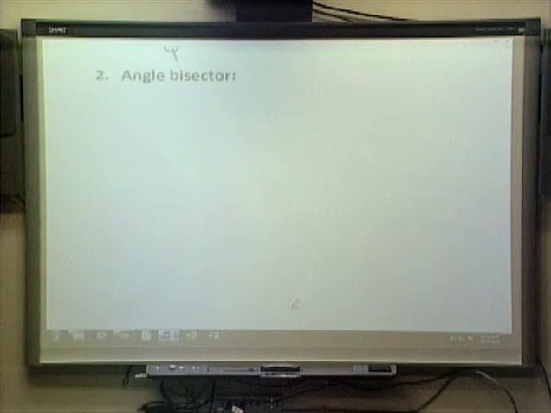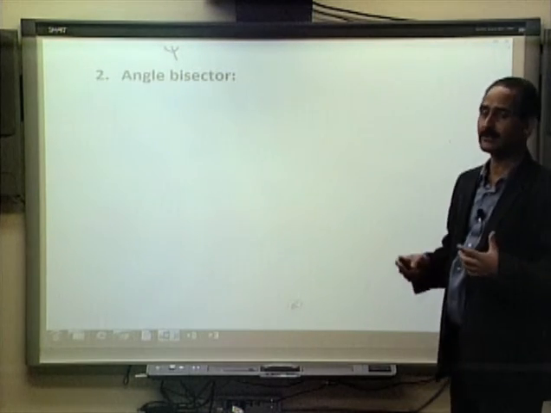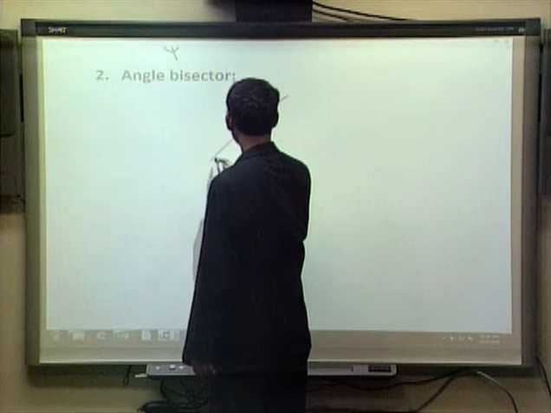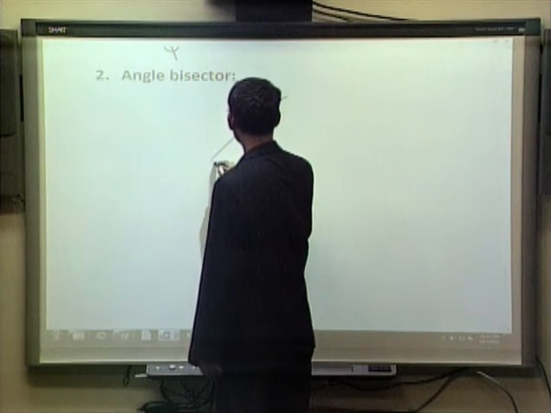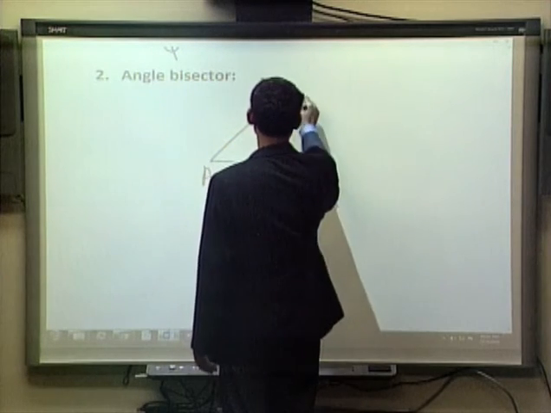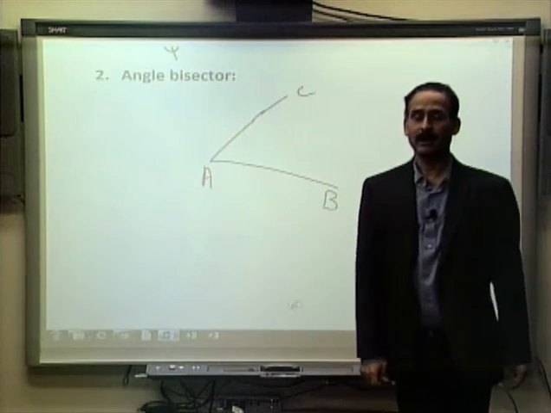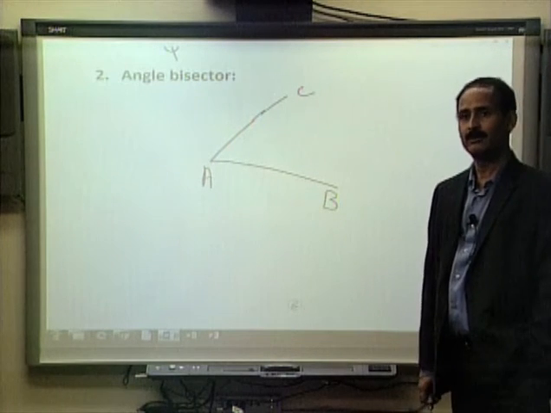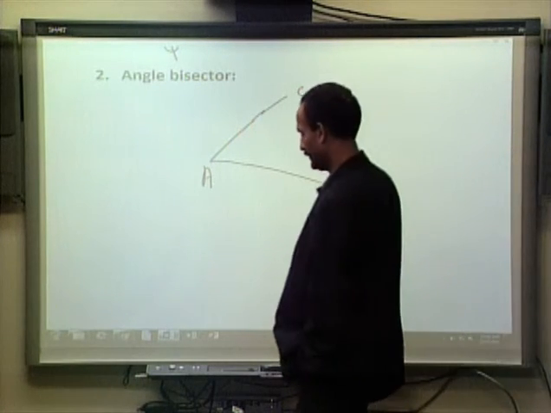Next, we want to construct the bisector of an angle. Suppose this angle, let us say angle ABC, is given to us, and we want to construct the bisector of this angle ABC.